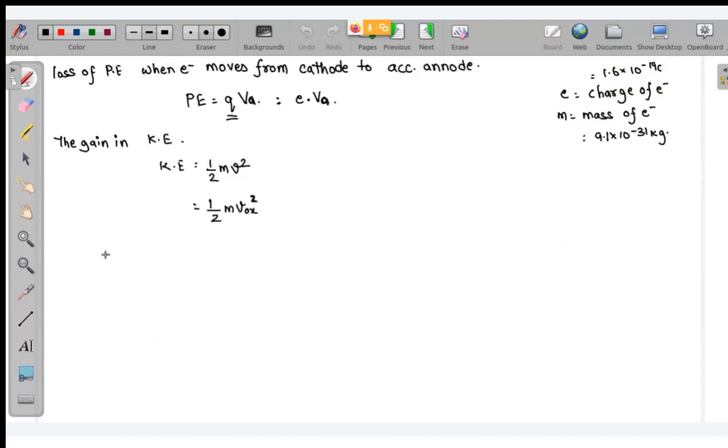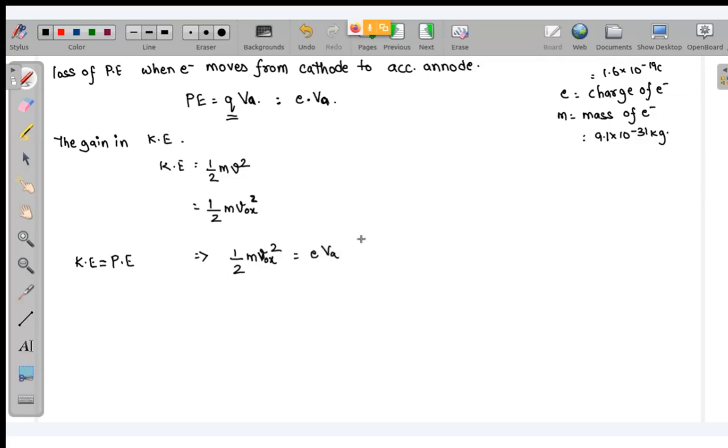So now this kinetic energy is equal to potential energy, which implies half m v naught x square is equal to eVA.